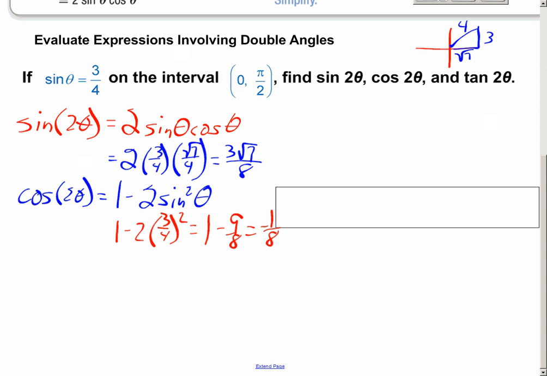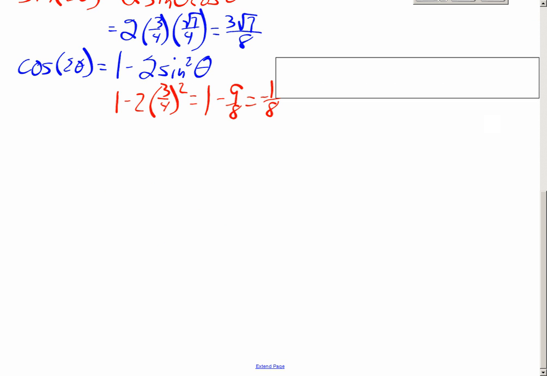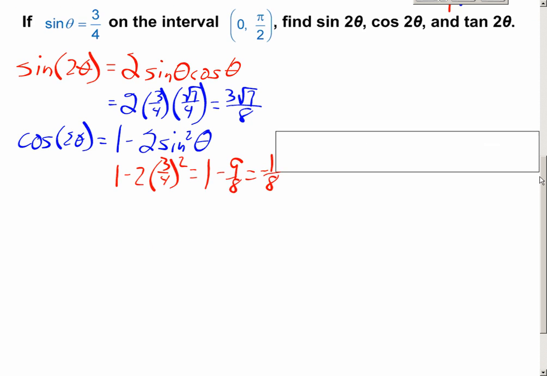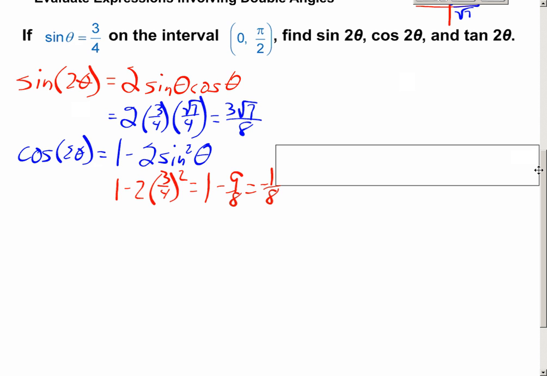To find the tangent of 2 theta, we could use the tangent identity, or we could use the sine cosine. So we have tangent of 2 theta is going to equal the sine of 2 theta over the cosine of 2 theta. And we've already found both of those.